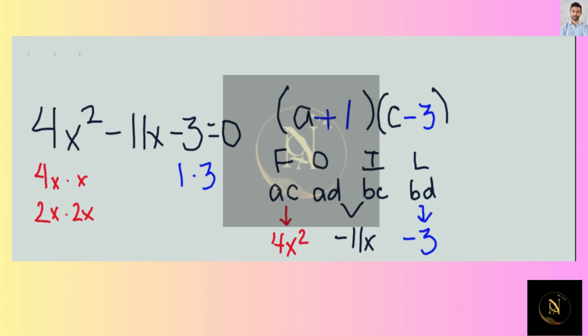So now I need to figure out which factor pair for my a term I'm going to use. What I need to look at is which of these combinations is going to get me negative 11x. It's either going to be 4 and 1 or 2 and 2. If my a term is 4, I'm going to be multiplying it by my d term. That would be 4x times negative 3, which would give me negative 12.